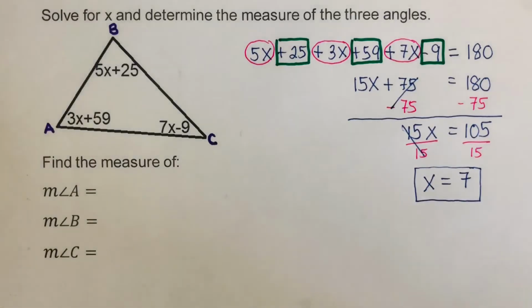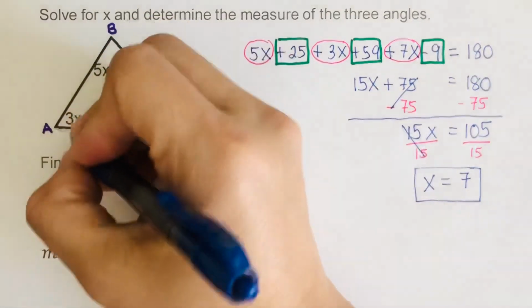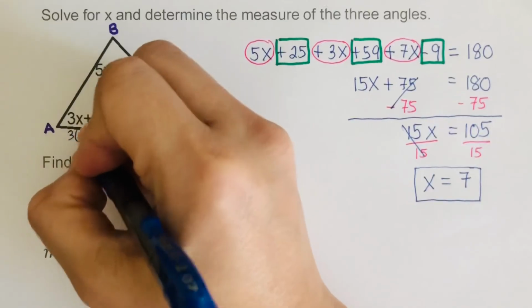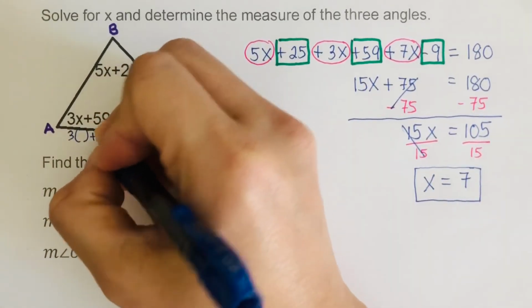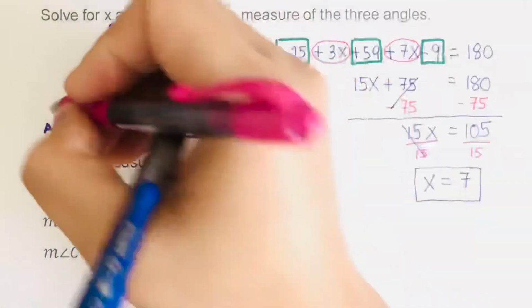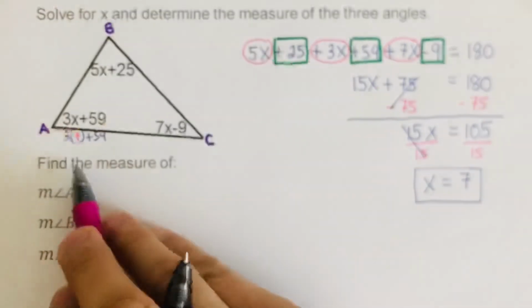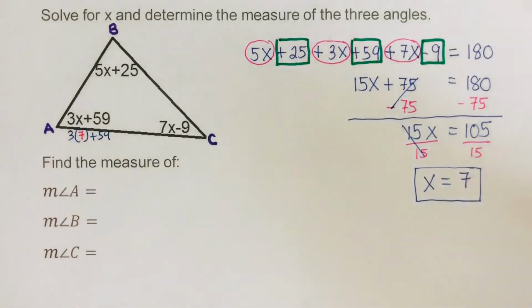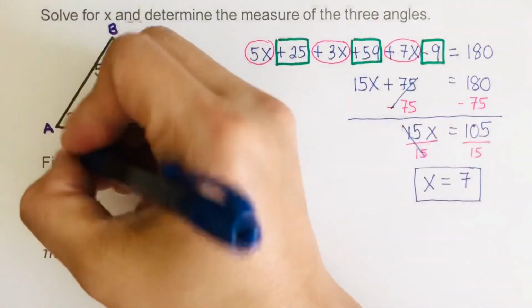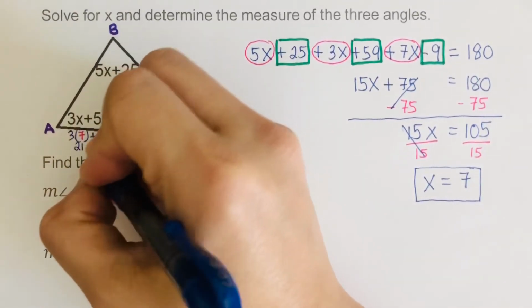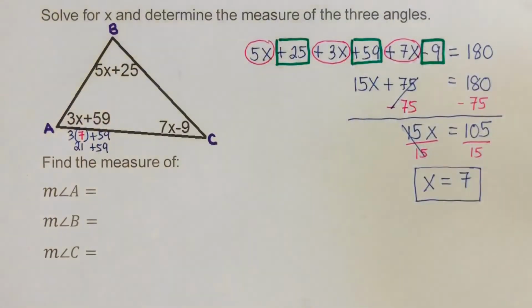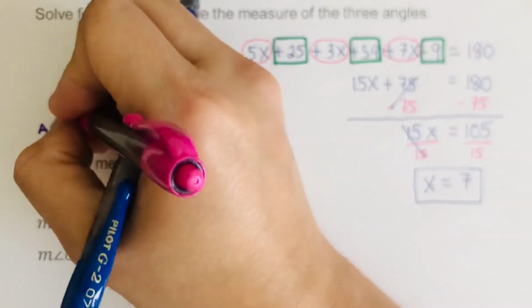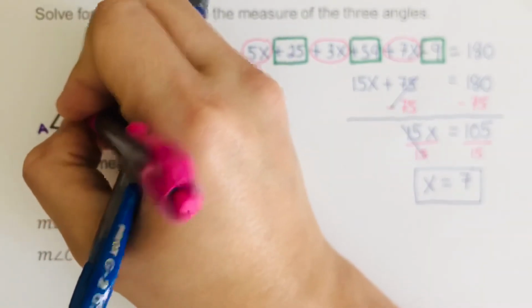Okay, so let's start with A. This would be 3 times the value of x, which is 7. If we do the math on this, that would be 21. So 21 plus 59 is 80. So this corner right here is 80 degrees.